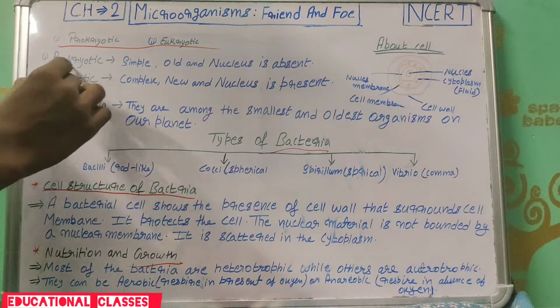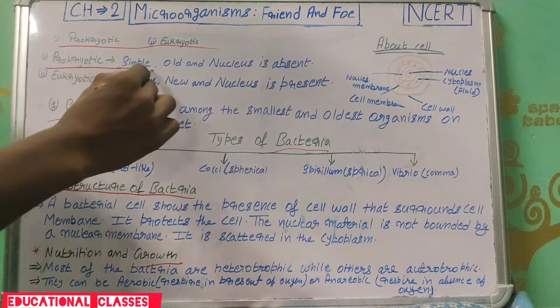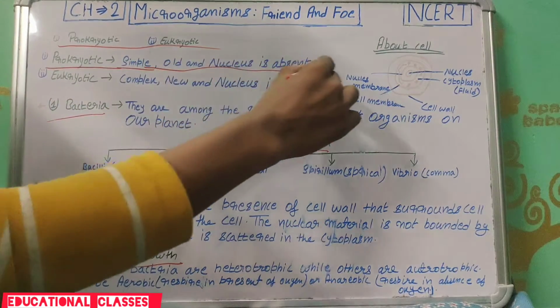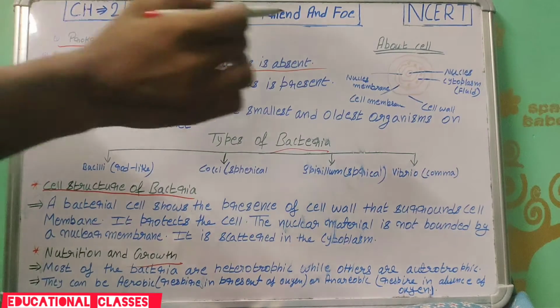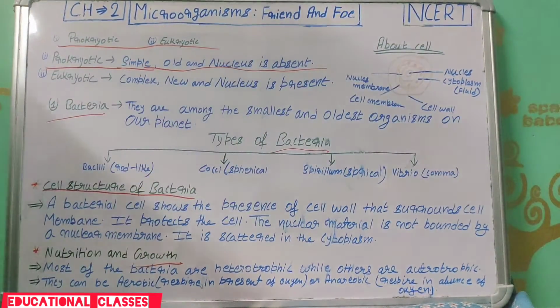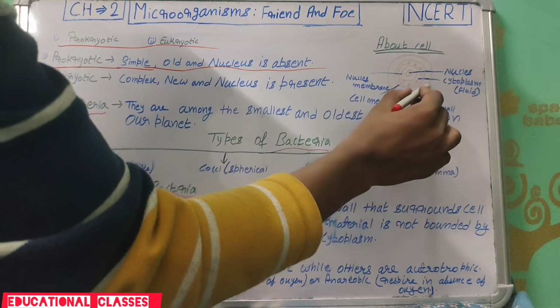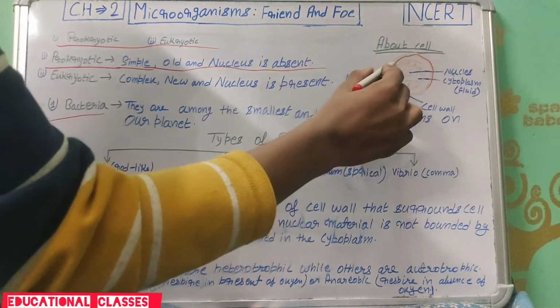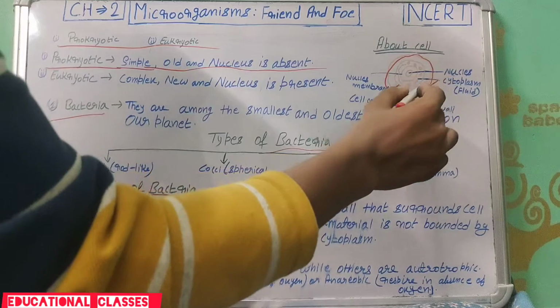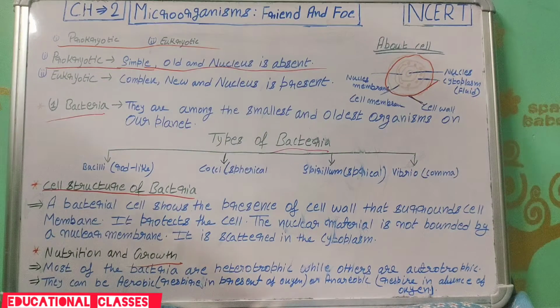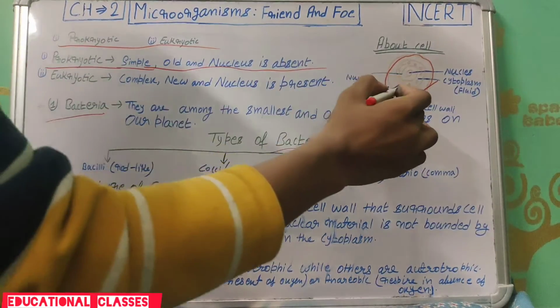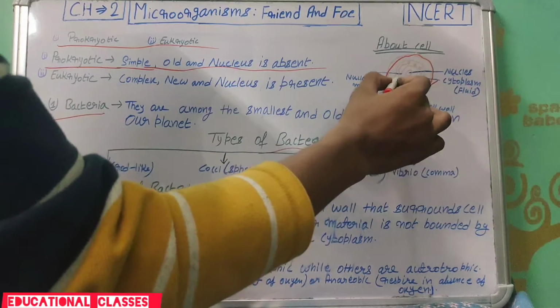Talking about prokaryotic cells, they are simple, old, and the nucleus is absent. But before starting this, let us understand the cell structure. This uppermost layer is the cell wall, the protective wall which protects the cell membrane.